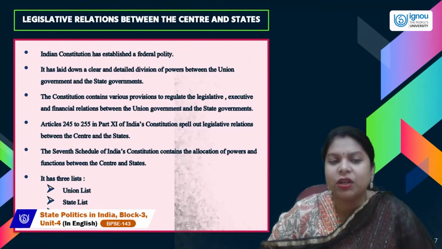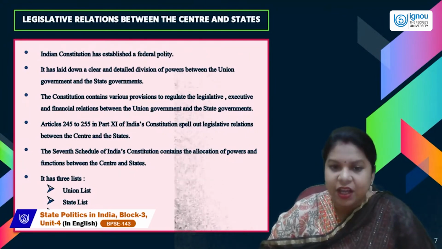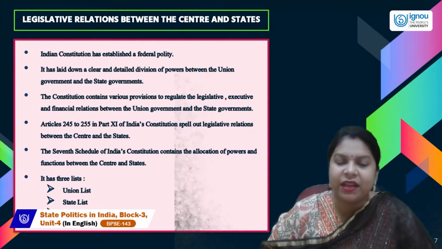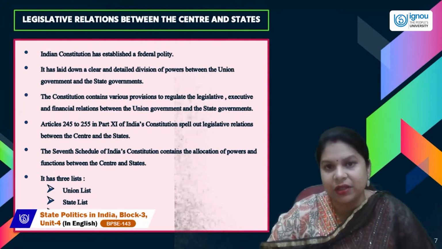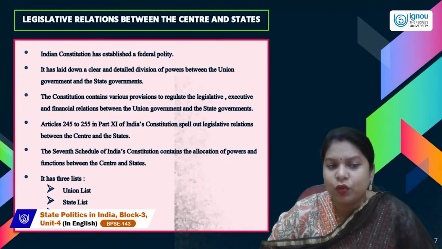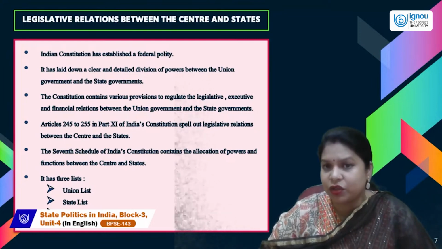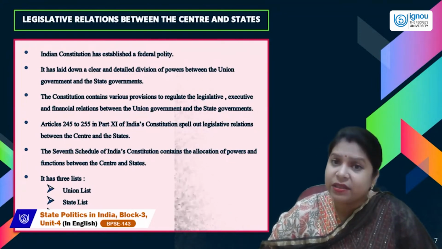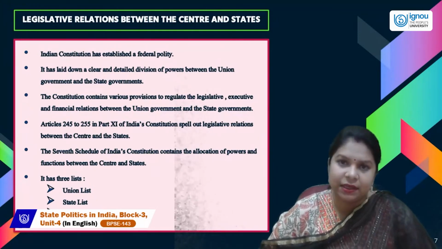So the Constitution contains various provisions to regulate the legislative, executive, and financial relations between the union government and the state governments. Articles 245 to 255 in Part 11 of India's Constitution spell out the legislative relations between the center and the states.